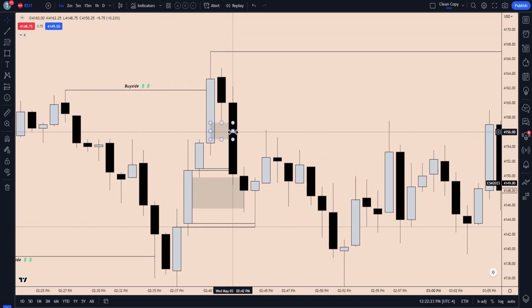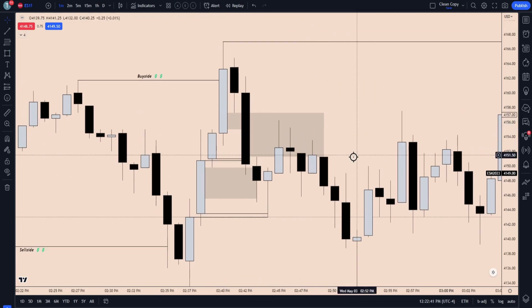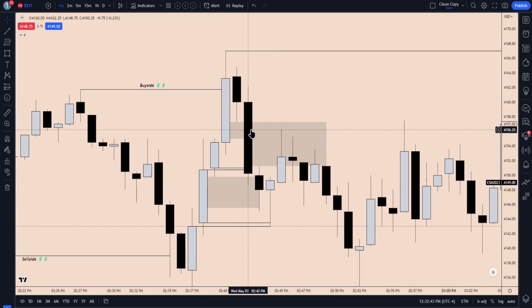The only one that wasn't fully rebalanced would be this 1 minute fair value gap. We get back up to that midway point. But notice on the retracement, we now create a bearish fair value gap here. So now we have this little inefficiency remaining as not being balanced, this 1 minute fair value gap.